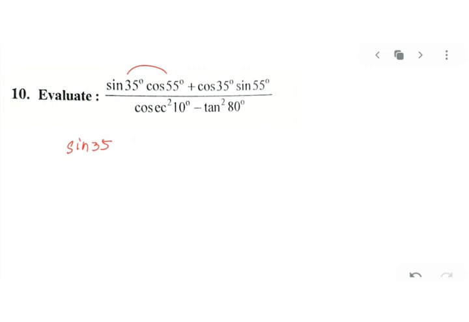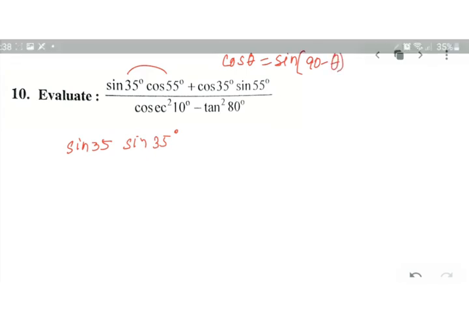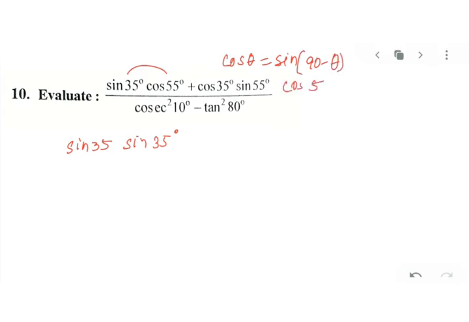For cos 55 I will write sin(90 minus theta), that is sin 35. Because we know cos theta is equal to sin(90 minus theta). So if I have cos 55, that will be equal to sin(90 minus 55), that is sin 35.